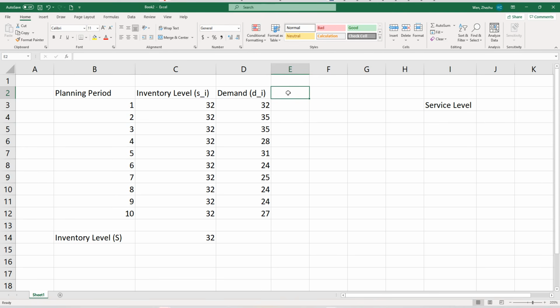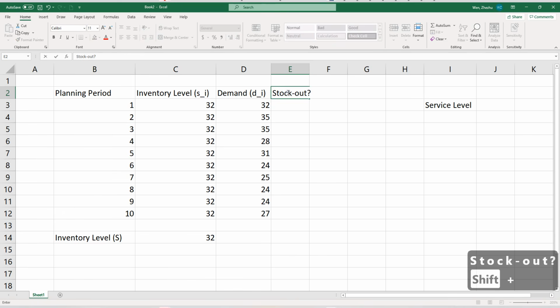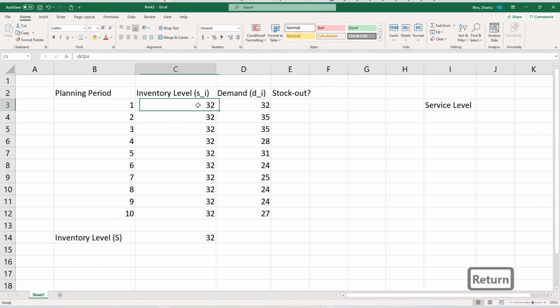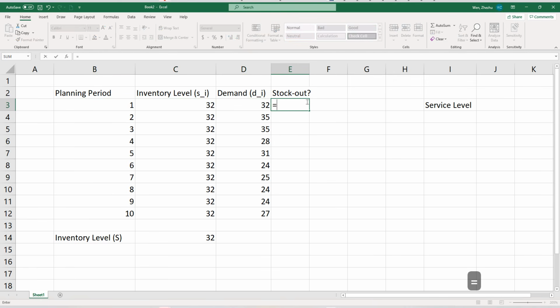Let's take a look at this. Is this a stock out? Is this a stock out? Each time we can compare these two and determine whether in this particular planning period there was a stock out or not. How do you do that? We do that by using the IF function.